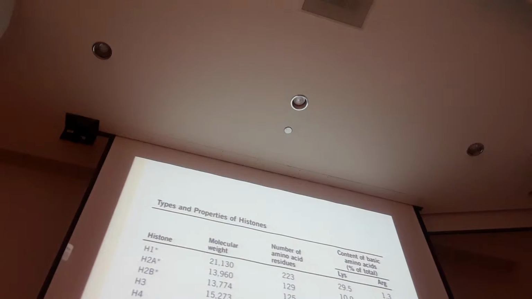Okay, so in particular, histones H2A, H2B, H3, H4 are highly conserved proteins. That means that they haven't really mutated or changed a lot if we compare the histone sequences and histone structures of organisms that from an evolutionary point of view are quite distant.